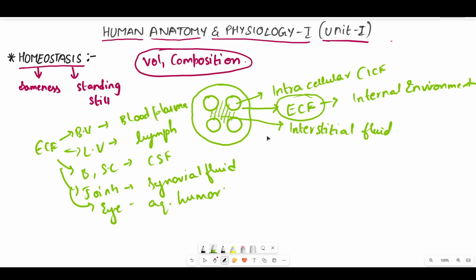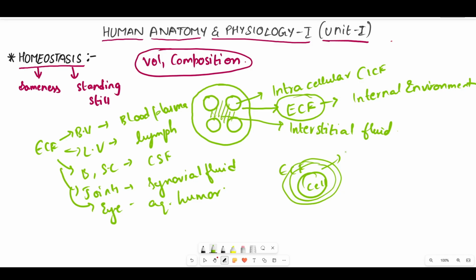Normally this ECF is something that is surrounding the cell. If this is the cell, outside of this we will have this ECF. Why is it important? It is important because it allows the proper functioning of a body cell.